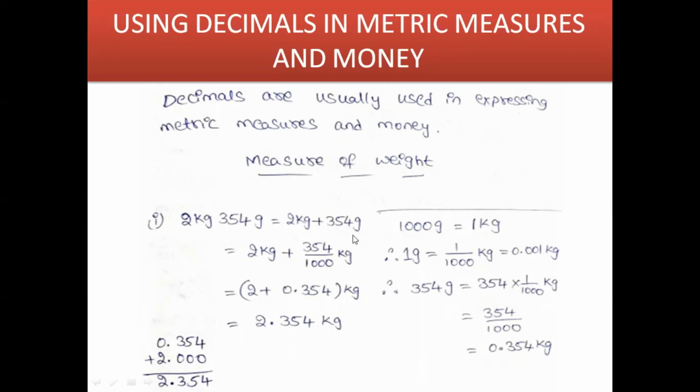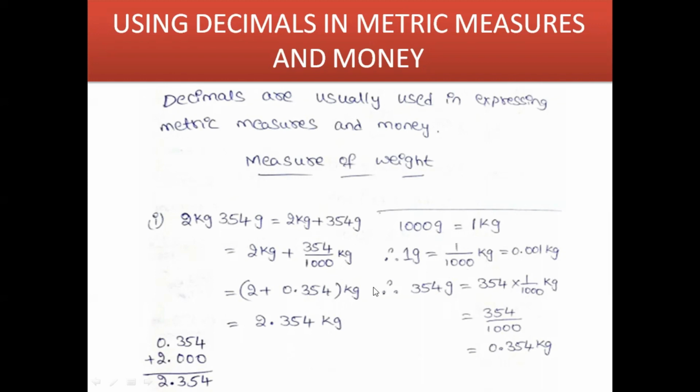Now see 1000 grams is equal to 1 kg. 1 gram equal to 1 by 1000, we are changing into decimals, 0.001 kg.